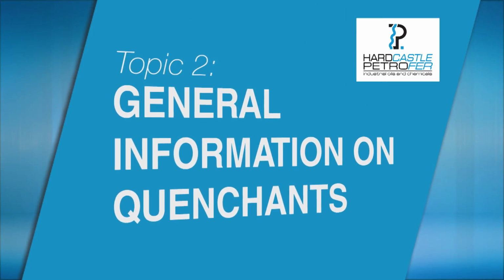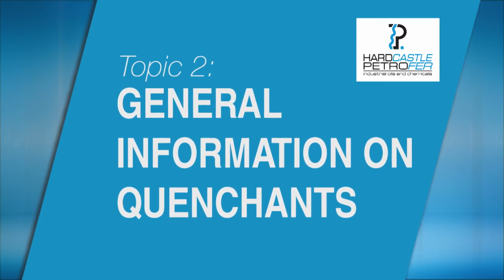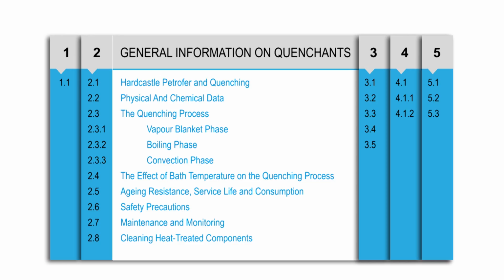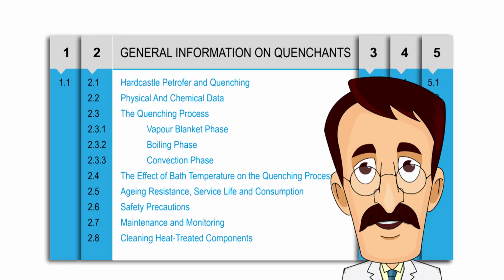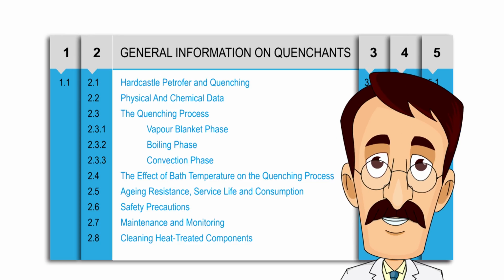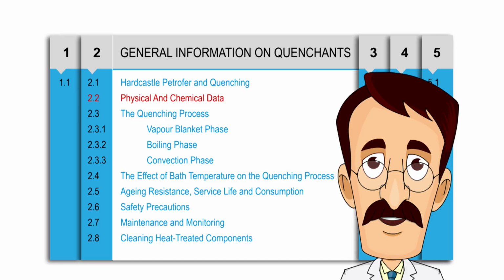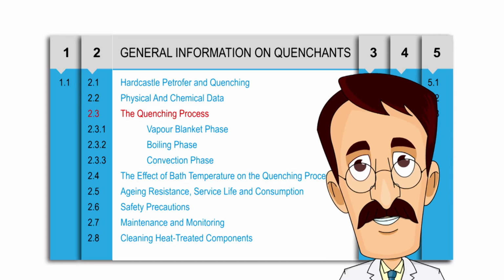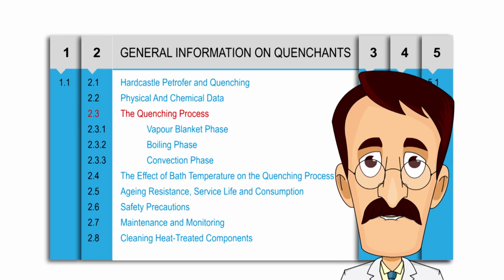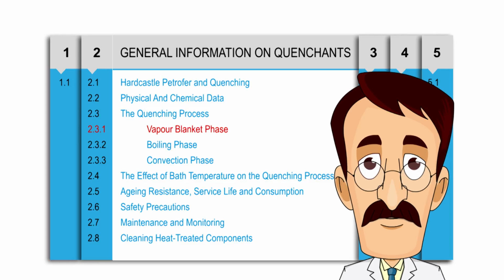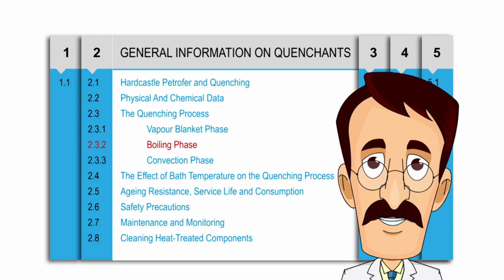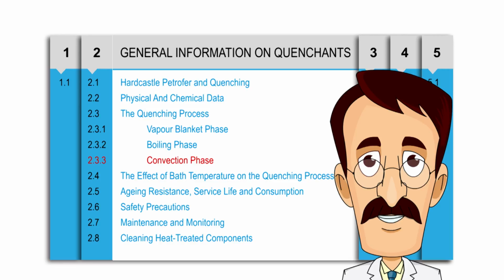Let us look at general information on quenchants. Let's have an insight on the various subtopics such as Hardcastle Petrofer and quenching, physical and chemical data of the various quenchants, the quenching process including the vapor blanket phase, the boiling phase, and the convection phase.